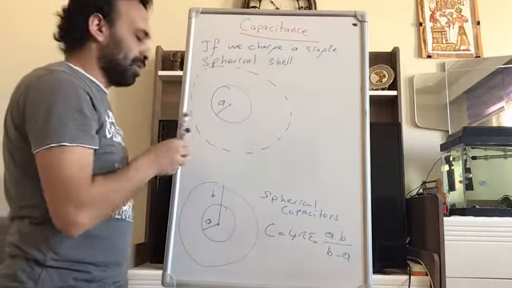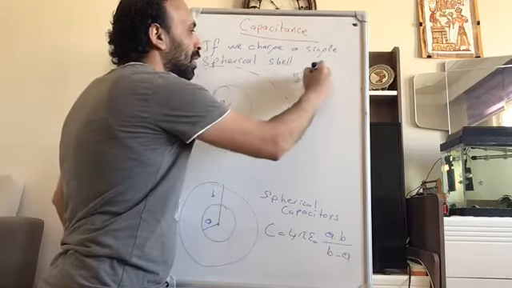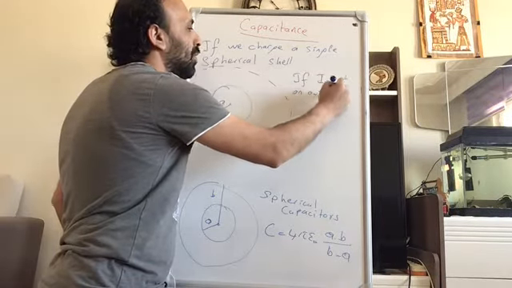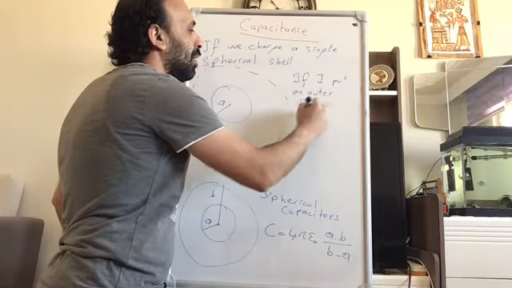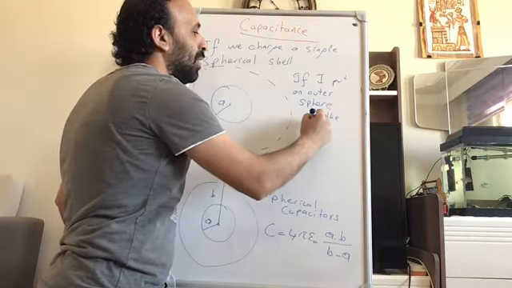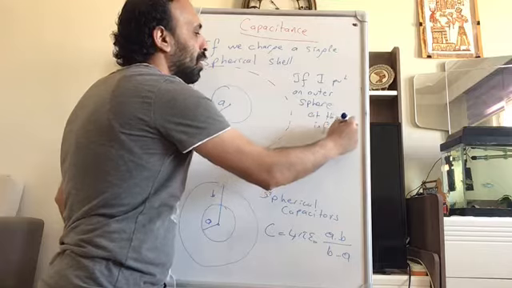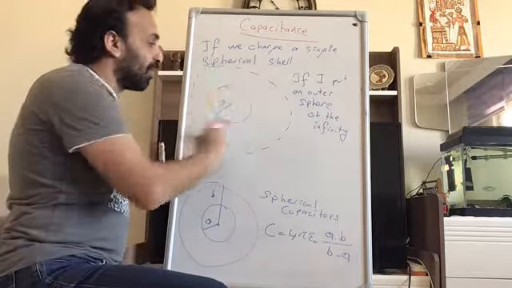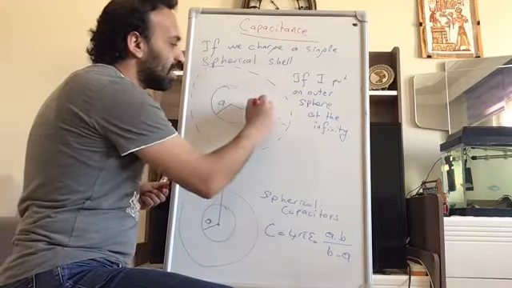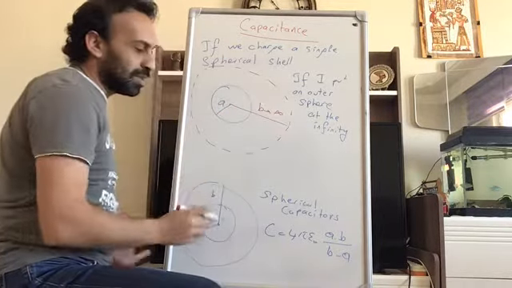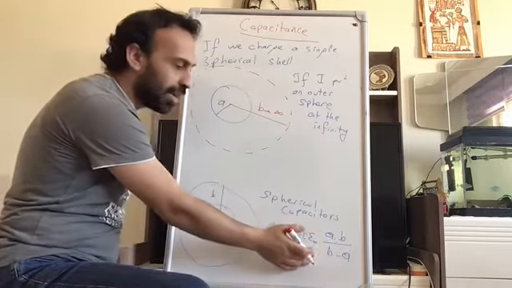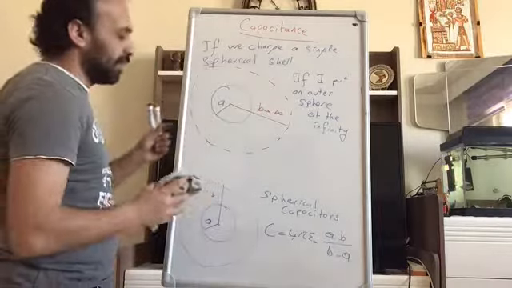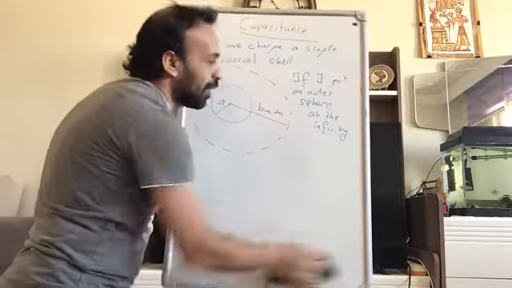If I put an outer sphere at infinity, what I mean, when I put another sphere at infinity, it means its radius B goes to infinity. So I'll take the same equation here, but I take B to infinity. All right, let's play with the equation.